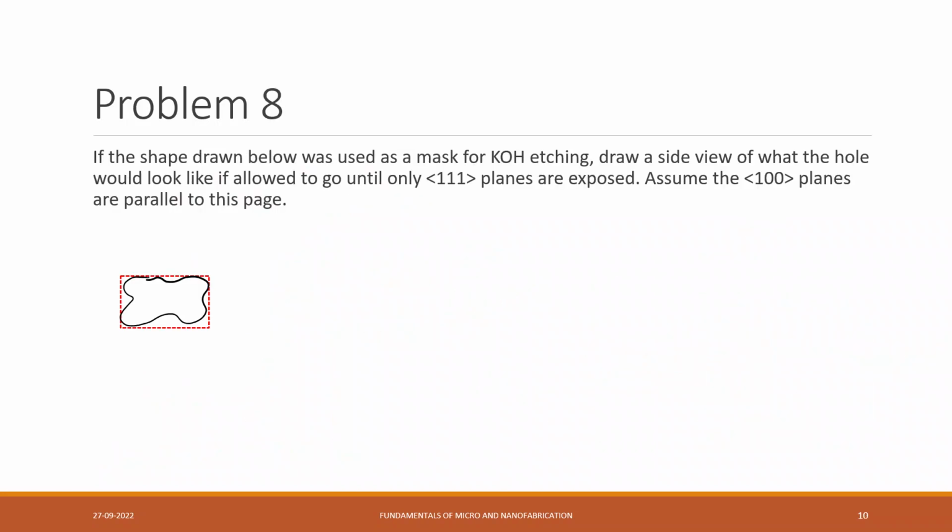It's the last question. This is a shape that is drawn on a mask, and it is used for KOH etching. So we have to draw a side view of that hole, like after etching, how that hole would look. We have to tell that the planes parallel to the page, like if this is the silicon wafer, this side is 100.